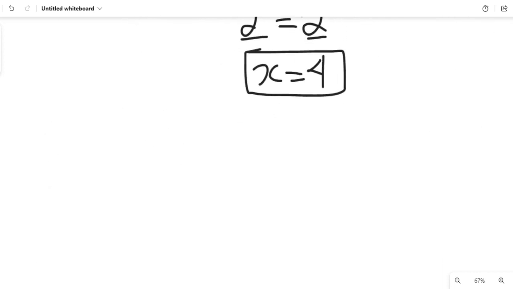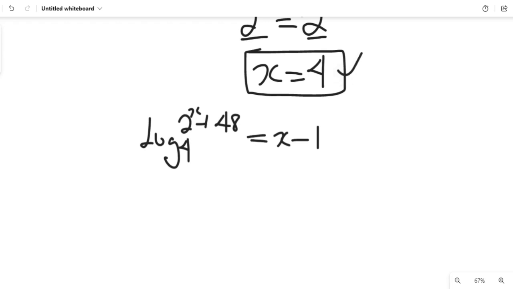Now let's check. We are given from our initial equation log of 2 to the power of x plus 48 to base 4, and we are told this is equal to x minus 1.